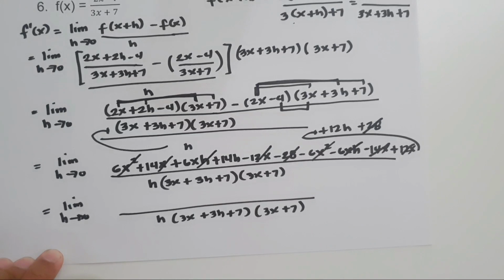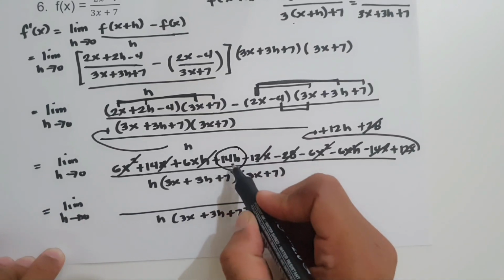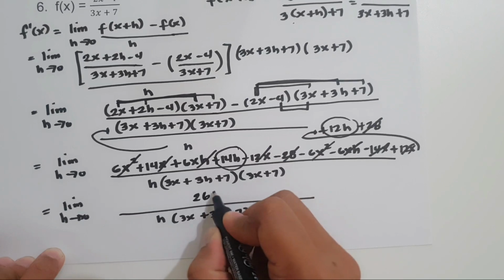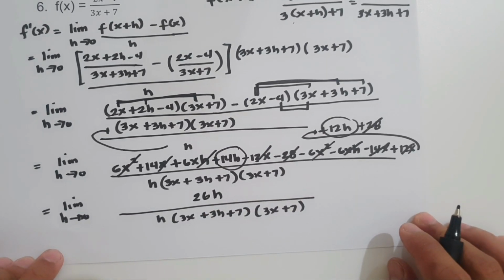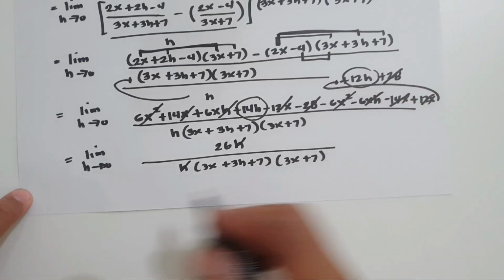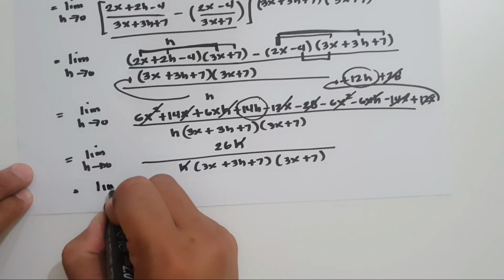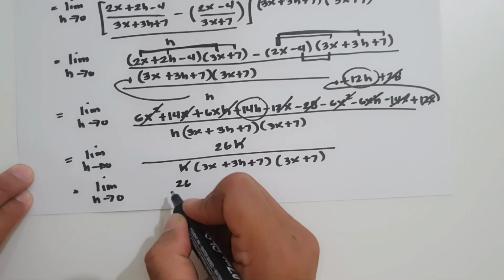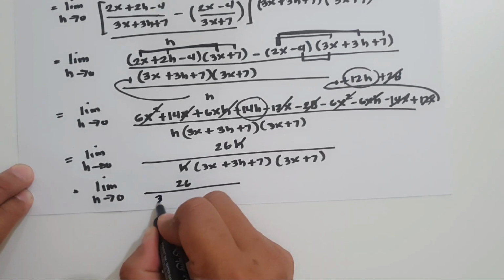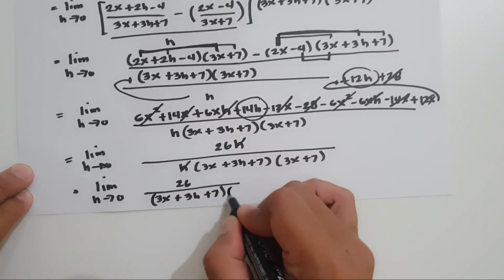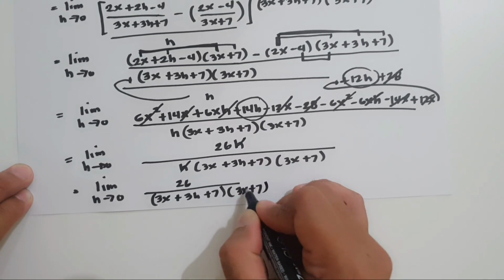And then let us have 14h plus 12h, that is simply 26h. So we can cancel this h. This will give us the limit as h approaches 0 of 26 over (3x plus 3h plus 7) all over (3x plus 7).